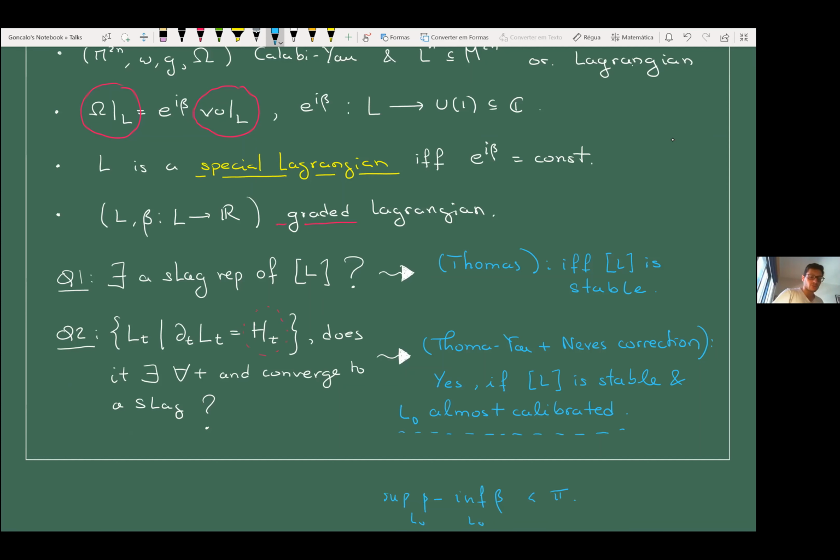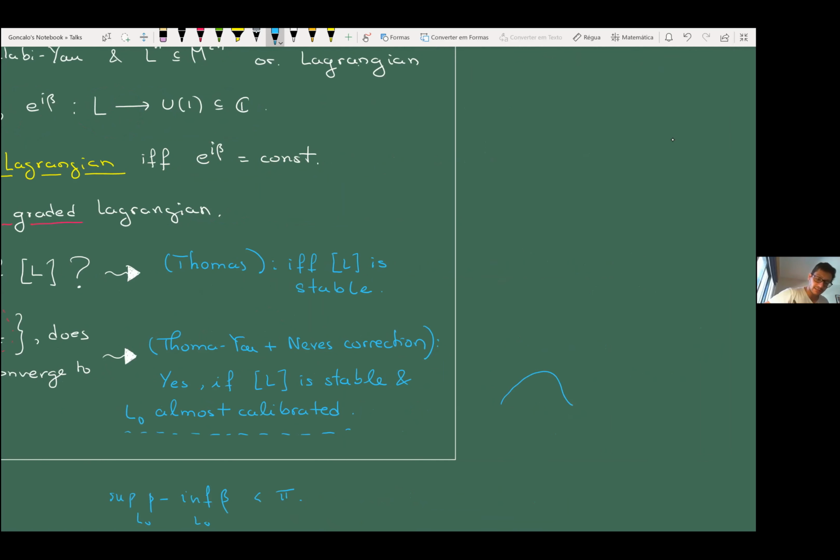If you think in terms of curves, that means that the velocity vector of the curves takes values in a half space. So if you have something like this, that's okay because the velocity vector never varies to the opposite side. But if you take something that does like that, then it's not good because you have this point here, and this point here, and this point here.